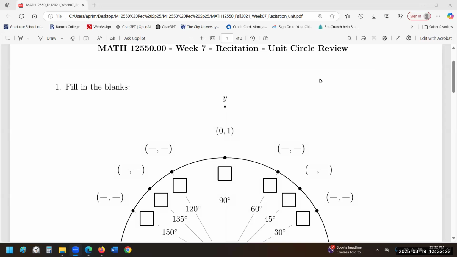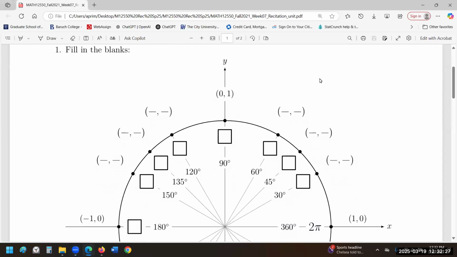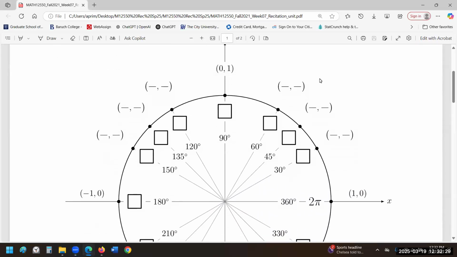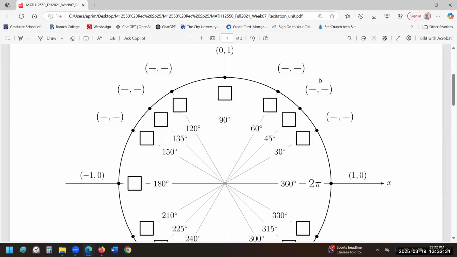So, in trigonometry, there are very few important concepts. One of them is unit circle. It's called unit circle because in this circle, every radius is 1 unit. Thus, it's unit circle.